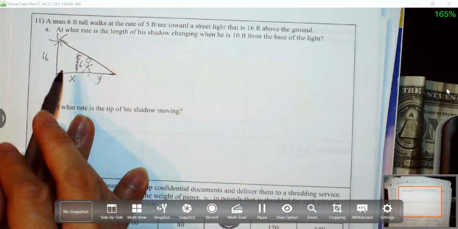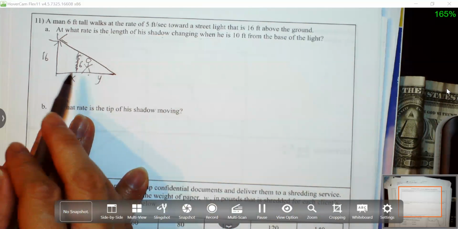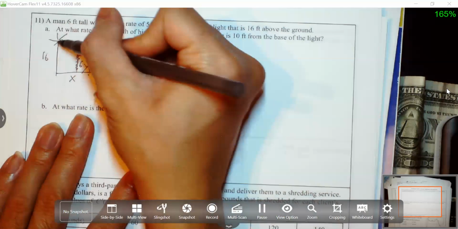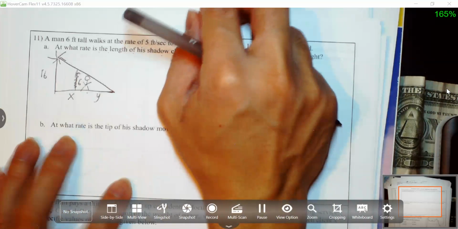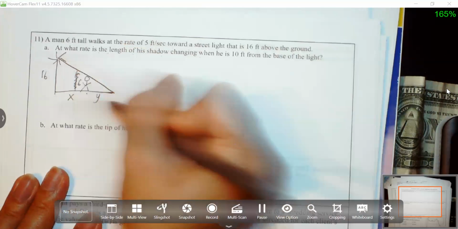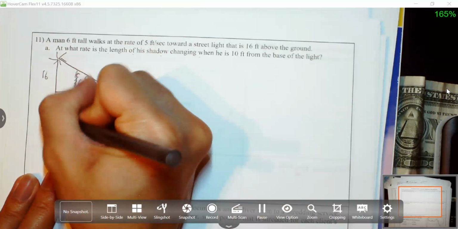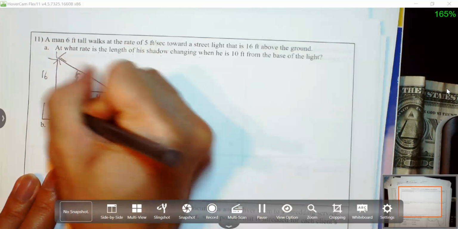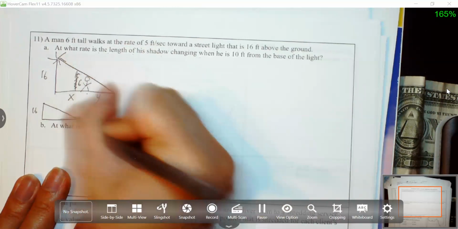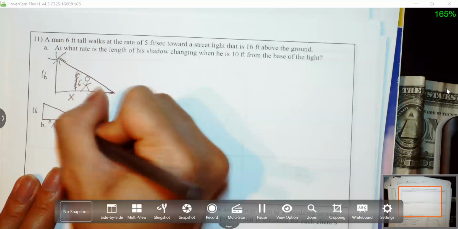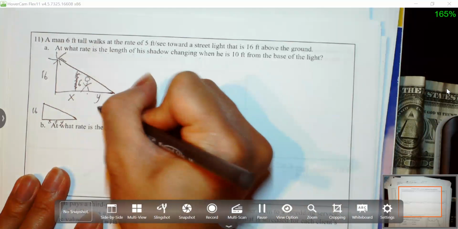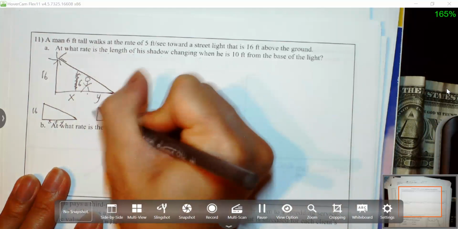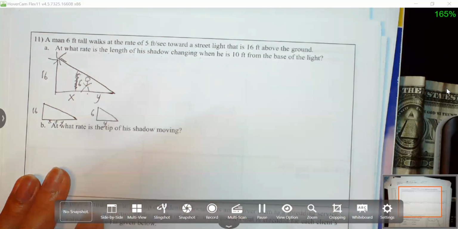Whenever you have one of these problems, you're going to set up a proportion. You basically have two triangles here that are similar. If you have a hard time seeing them, you have a big triangle that is 16 tall, and on the bottom, it's x plus y. Then you have another smaller triangle that is 6 and y.